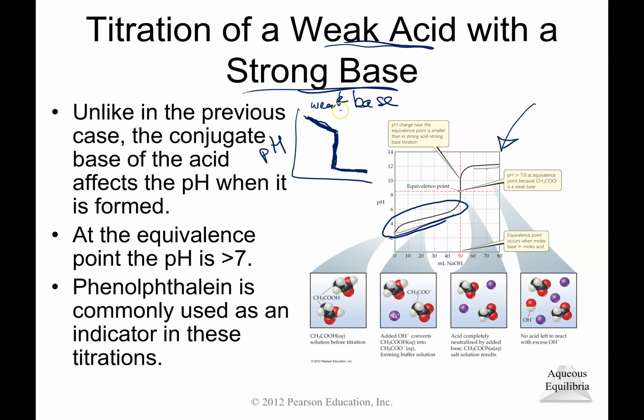We're going to see, again, a steeper part of the curve here. We're still going to see a little equivalence region, and something my diagram doesn't really show you is that this should be compressed. And when I say compressed, it means the whole thing probably needs to be down a little bit more. So remember, we see this steeper region, then the little equivalence region, and we level off at low pHs for a strong acid versus a weak base.